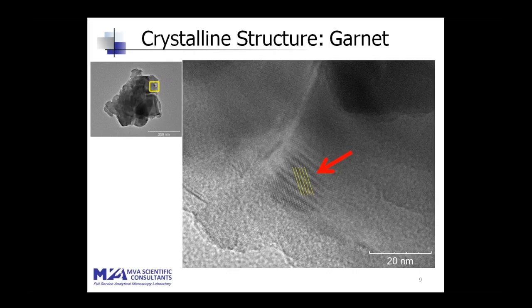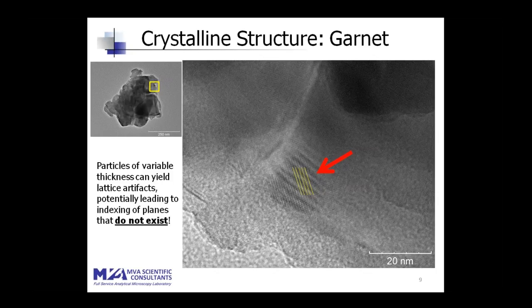So I measured the lattice spacing, or rather the lattice fringes, that's important, of these spaces, and found that they were around 6 angstroms, which if I compare that to empirical data for garnet, that doesn't give me anything because there is no empirical measurement of anywhere near 6 angstroms for garnet.